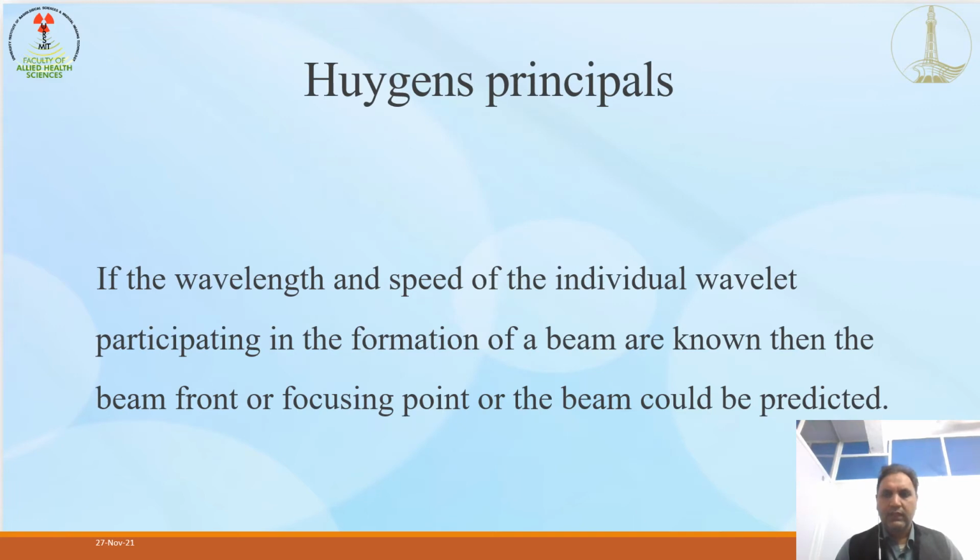Initially the beam profile was described by Huygens, and according to the Huygens principle, if we know the wavelength and speed of individual wavelets in a beam, then we will be able to predict the wavefront, the location at which the sound waves are going to converge. That is called the wavefront.